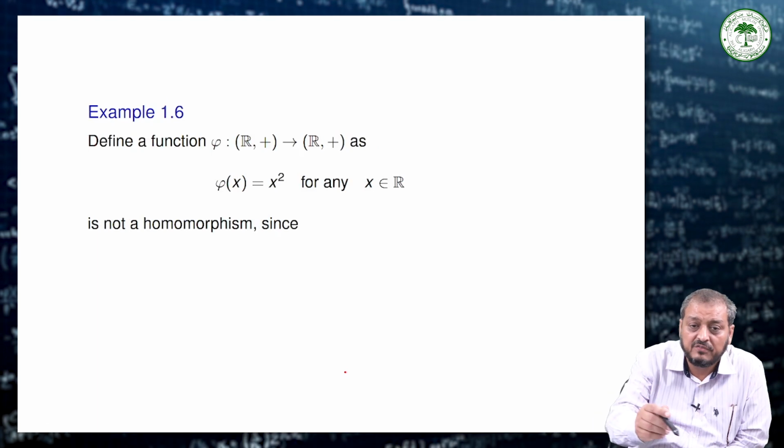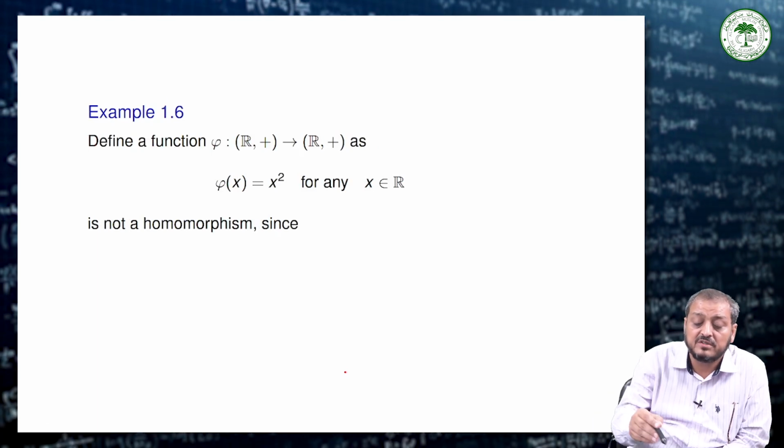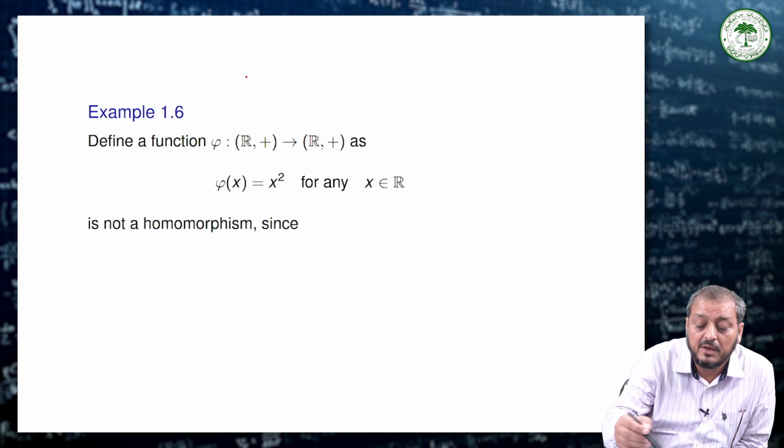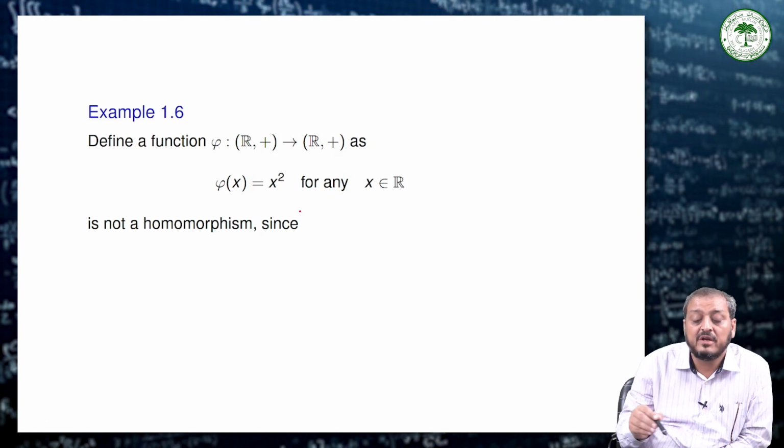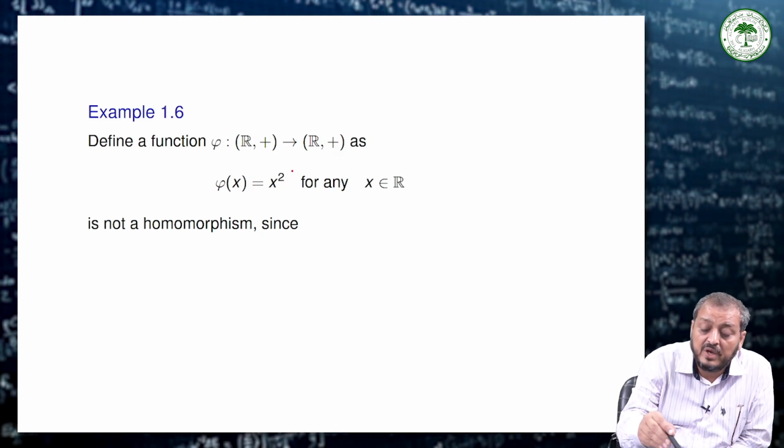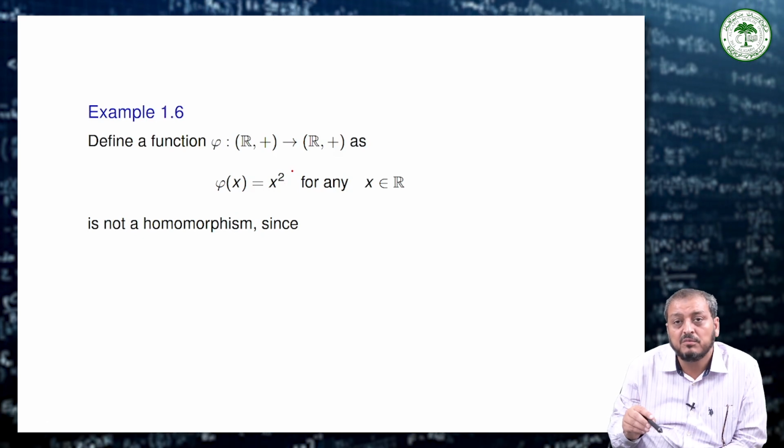Now I define the same thing in a different way. I take the set of real numbers, and the map is defined in the same form, and now we have to check whether this is a homomorphism or not.